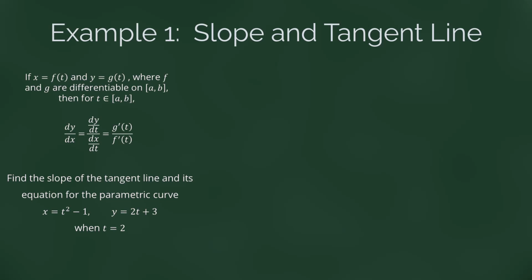Here we want to find the slope of the tangent line and the equation of that tangent line for a curve defined parametrically, x equals t squared minus 1 and y equals 2t plus 3. We want those specifically when t is equal to 2. So dx dt is going to be 2t, and dy dt is going to be 2.